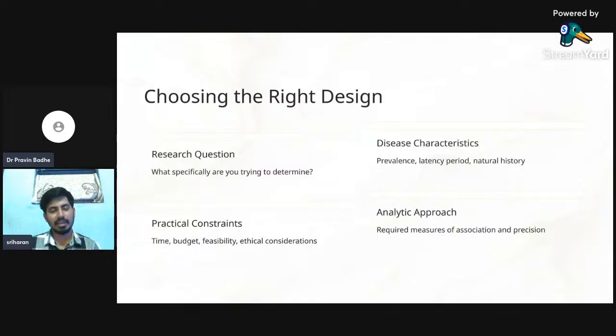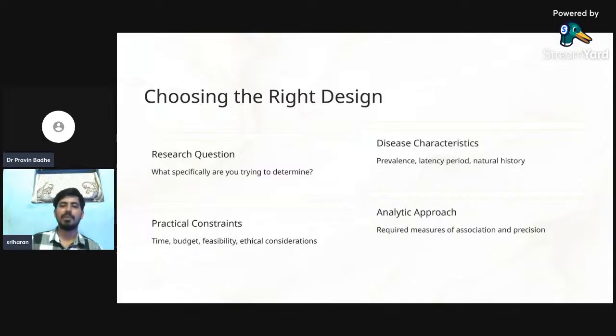If you are doing survey research, a prevalence study, for example the prevalence of obesity in osteoarthritis patients, you go with the cross-sectional study. Likewise, your research question should be matched with your design. A mismatch leads to the wrong result. Next, disease characteristics.